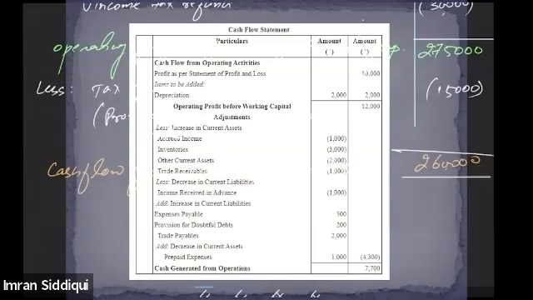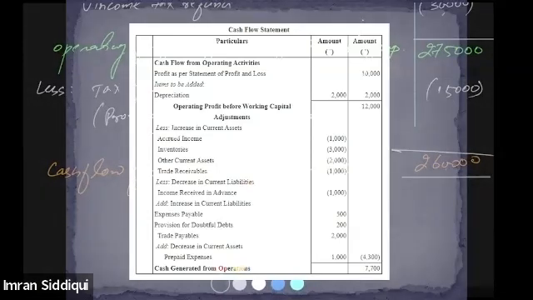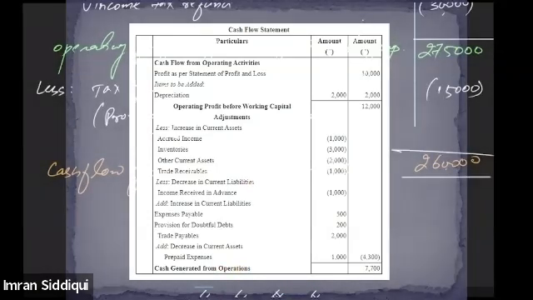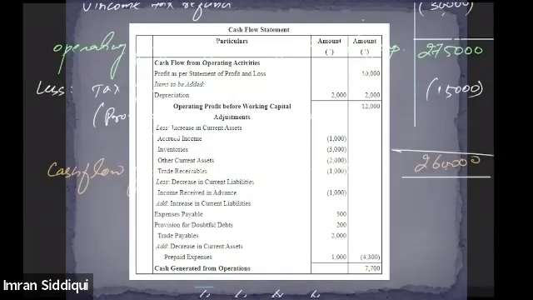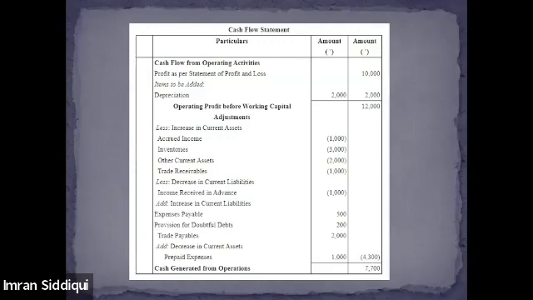So, see, the first thing. What we did, we took the value of the operating profit here. Sir, we can't see the board. Can't see the board. I'm not trying to show you the board. Okay, see, this is the solution.